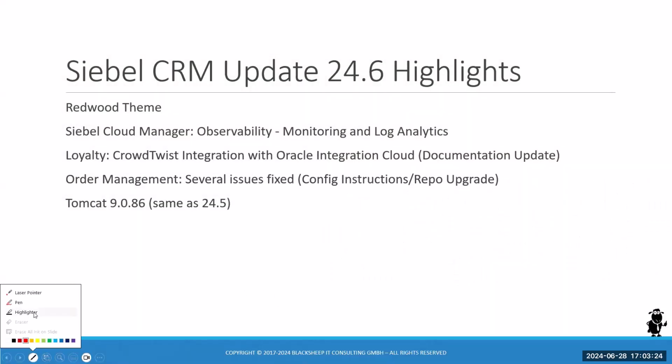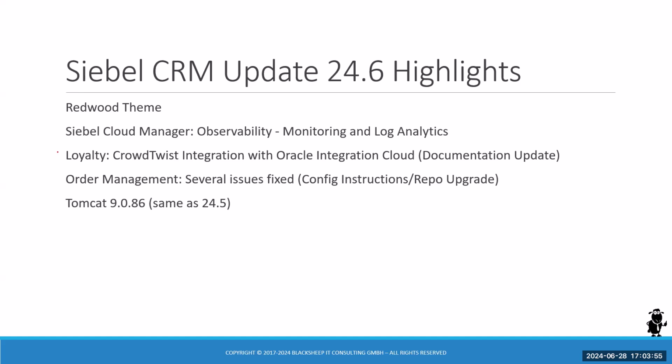Of course, the big one is, you guessed it, Redwood Theme, and we're going to celebrate the occasion and take a look at some style sheets and themes along the way. Then also quite big news for Siebel Cloud Manager. That is, it now has an observability stack, if you will, for monitoring and log analytics. We'll dive into that one.